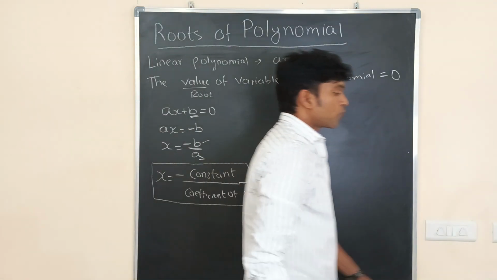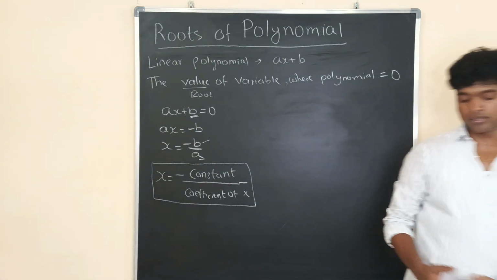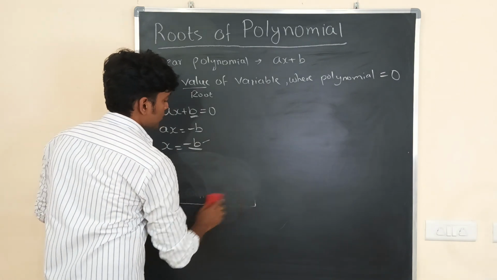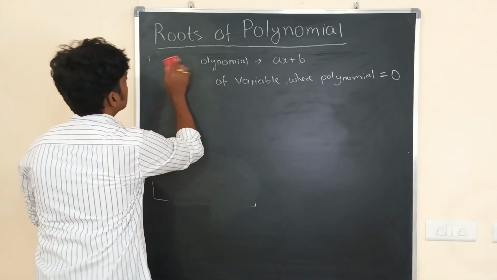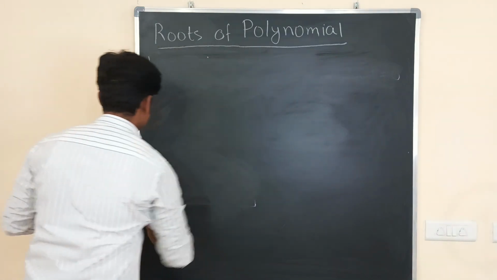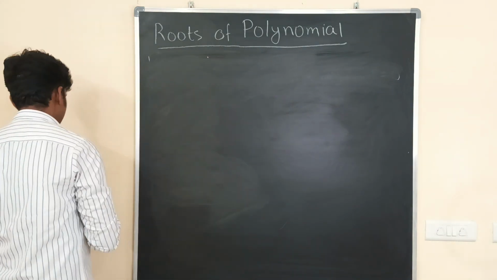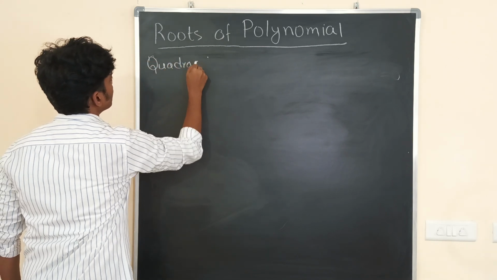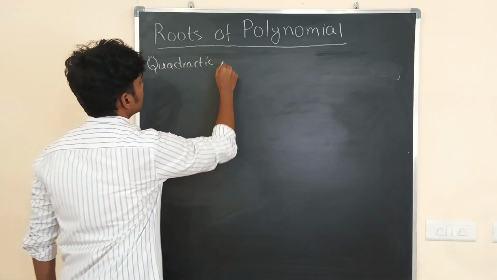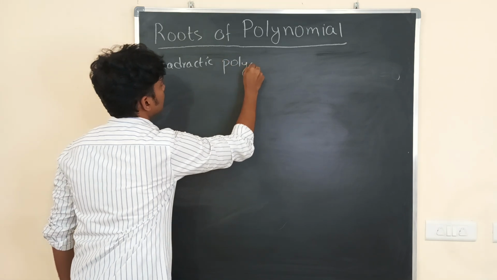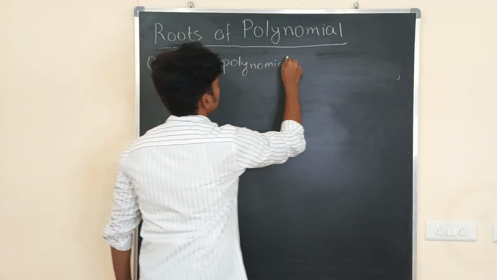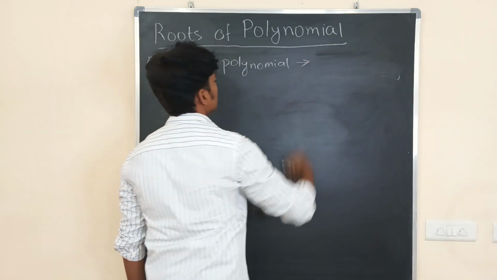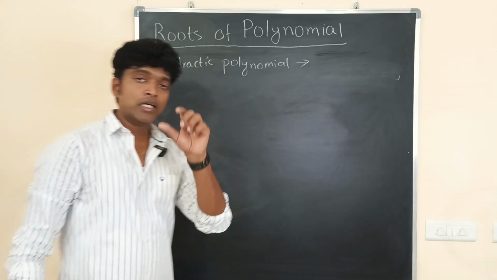Now, what is the root of a quadratic polynomial? We all know what is a quadratic polynomial. Quadratic polynomial is where the degree of the polynomial will be 2.